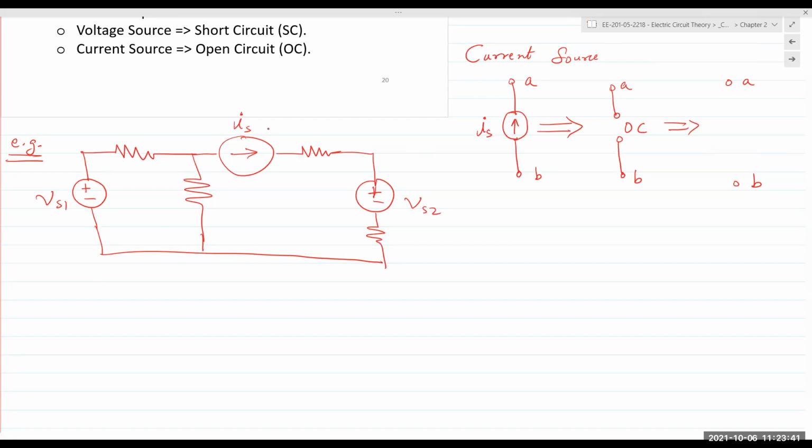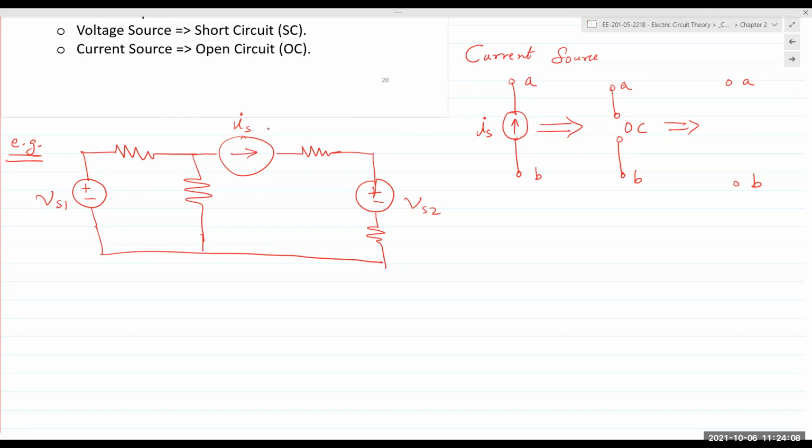As you can see, we have 3 sources: VS1, VS2, and the current source IS. When we perform an analysis, the first thing we want to do is look at all the sources that we have in the circuit. So we have sources VS1, VS2, IS, and we analyze 3 times: once for VS1, a second time for IS, and a third time for VS2.